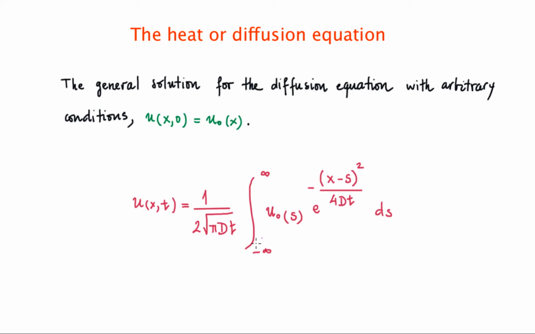So that's the integral that we need to solve in order to have the explicit solution for u once we have the initial condition.